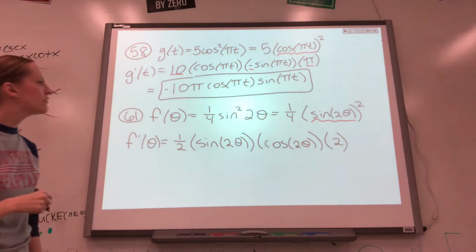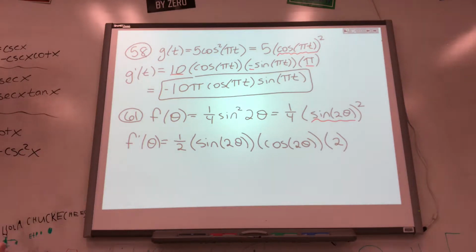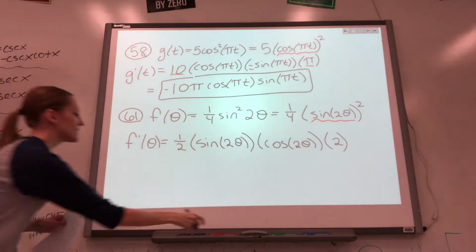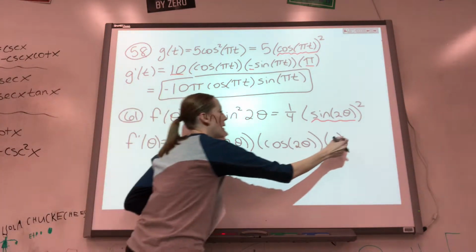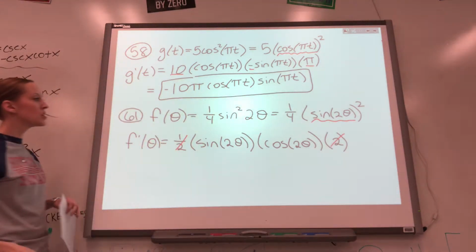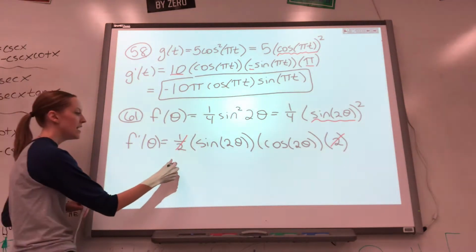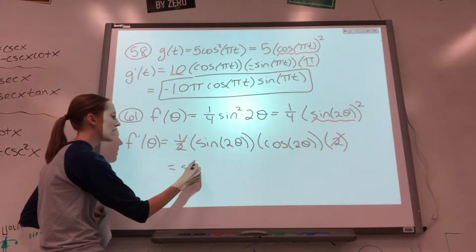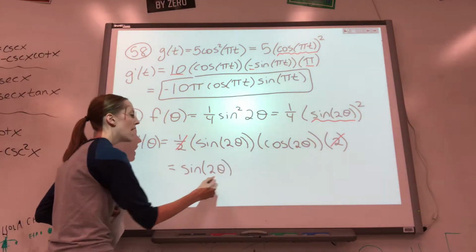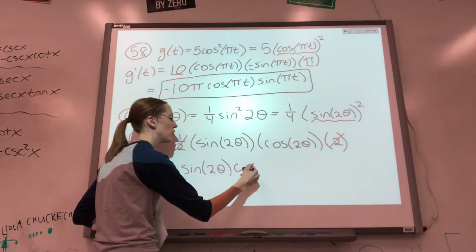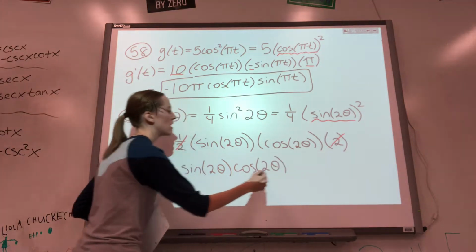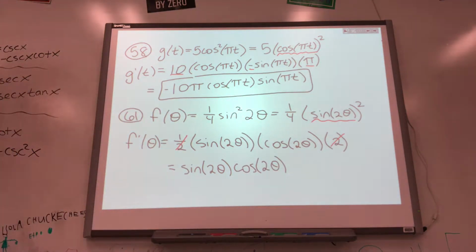And derivative of 2 theta would just be 2. Now this actually works out kind of nice because 1/2 times 2 is just 1. And I've got other stuff, so I don't really need to put the 1. I'm just going to do sine of 2 theta, cosine of 2 theta.